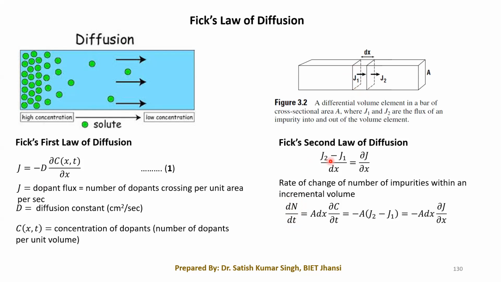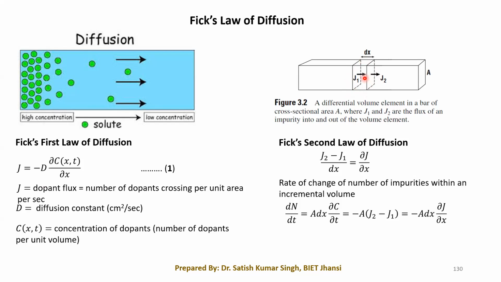This can be calculated by having the change in the concentration multiplied with the volume. First of all, what we can calculate is the concentration which is going to change per unit time. We know that the concentration is nothing but the number of atoms per unit volume.